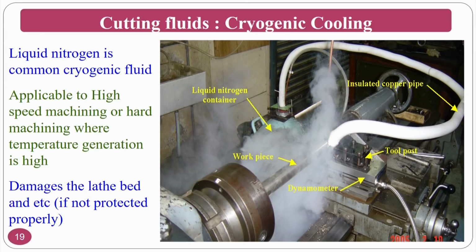So the operator should be very careful, because his hands or any body part should not come in contact with it, because it is dangerous. At the same time, the other lathe parts also should be protected apart from the workpiece and tool, and especially from the machining region. Apart from these, everything should be protected. If you can protect, then this is a good process.